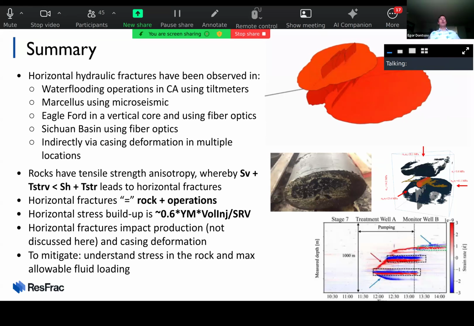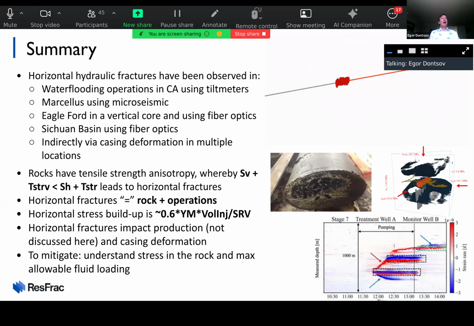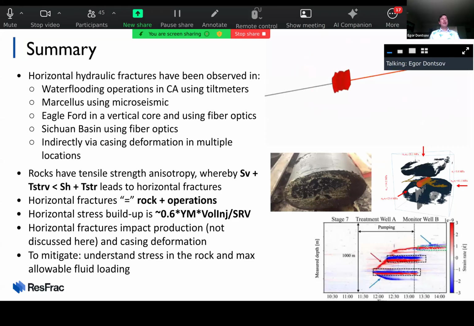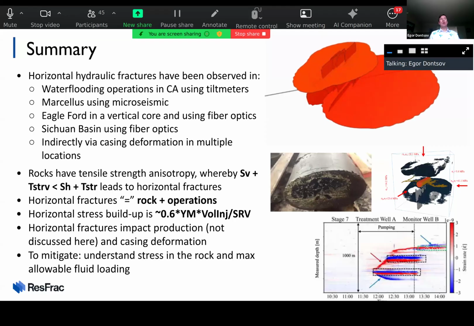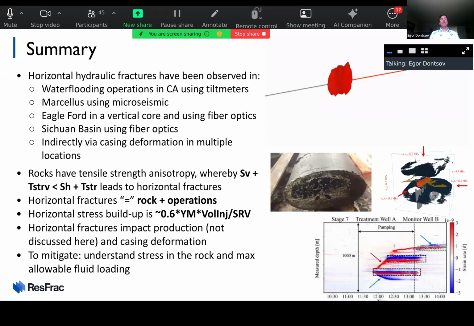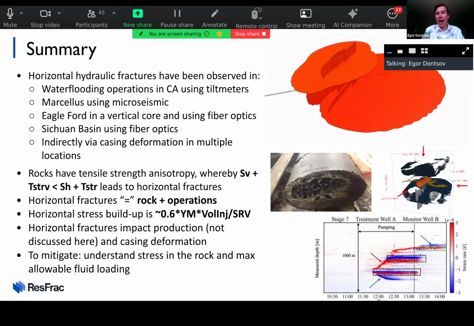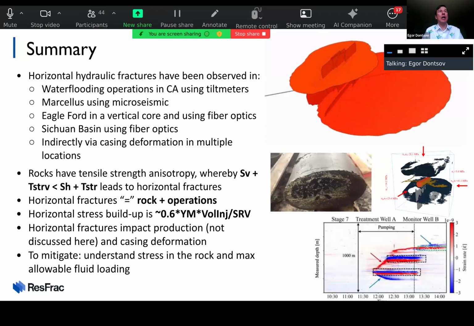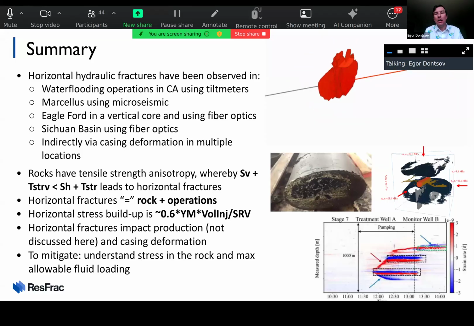Oh, that's the first time I got this question. Let's see. I don't know. I personally think that no. I would say no, then yes, because we had observation of fracture swarms in observation wells, right, in the science pad, but we didn't see horizontal fractures in there.